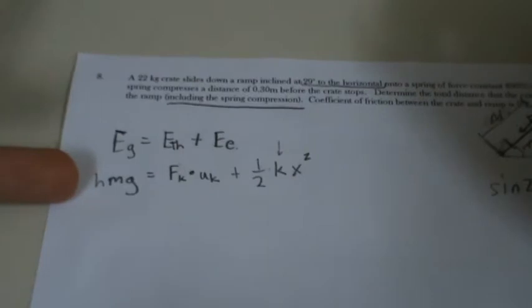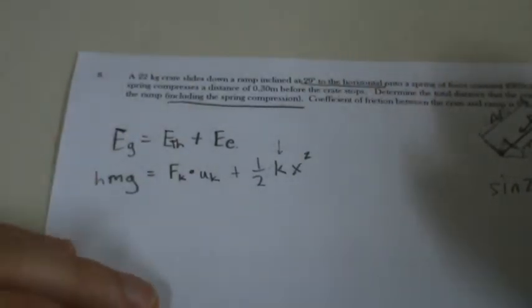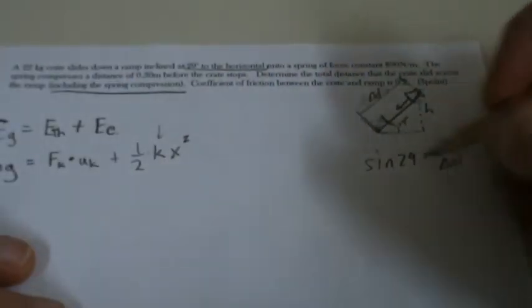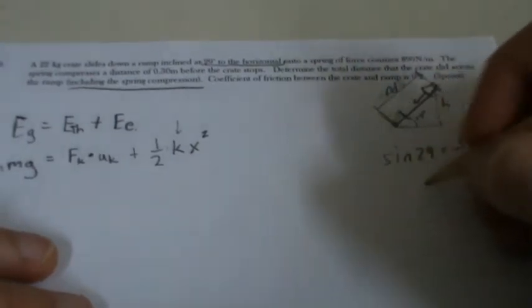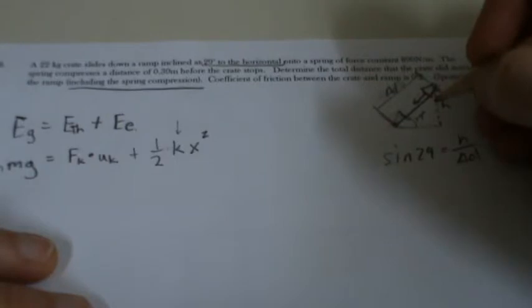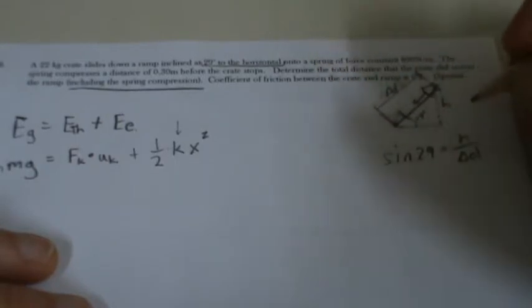The thing I'm looking for, delta D, hasn't even shown up yet in my equation, but if you look back over here, it's opposite over hypotenuse.